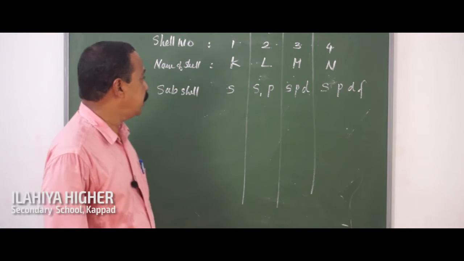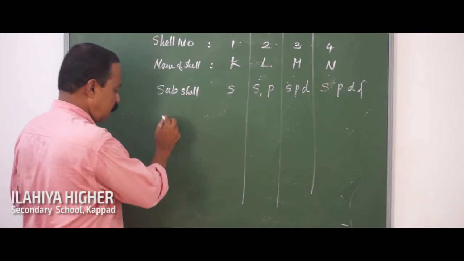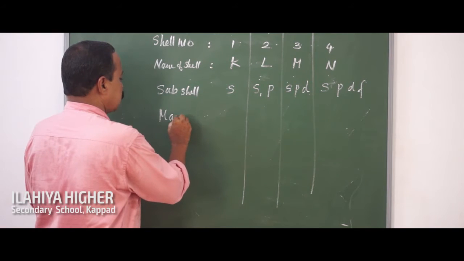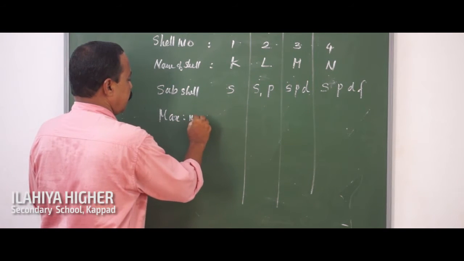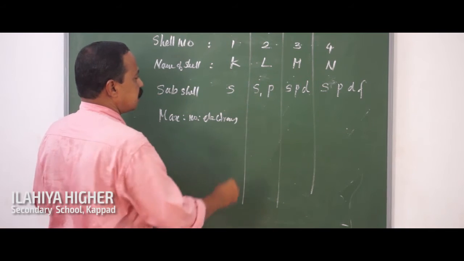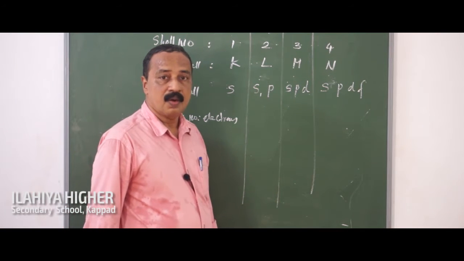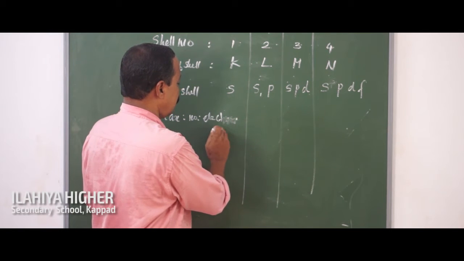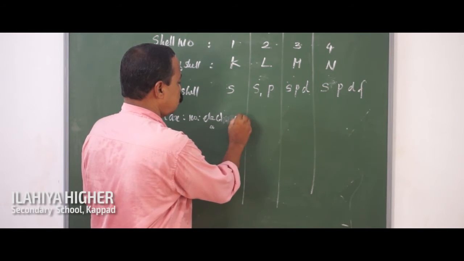Then we can find the maximum number of electrons possible in the shells. K shell, maximum number of electrons is 2.